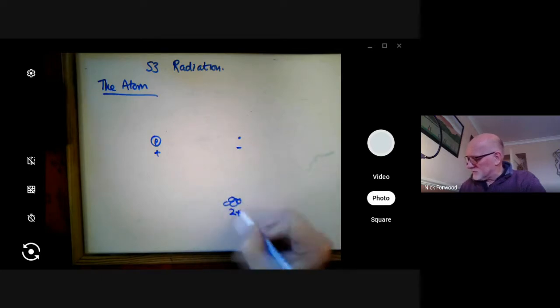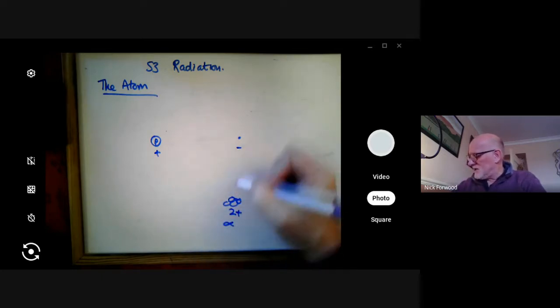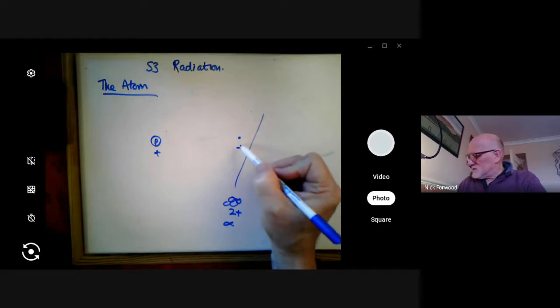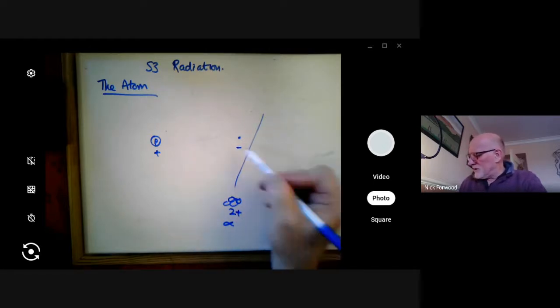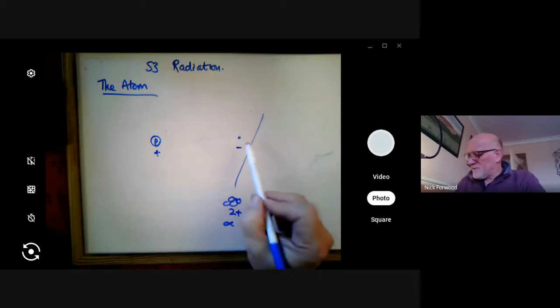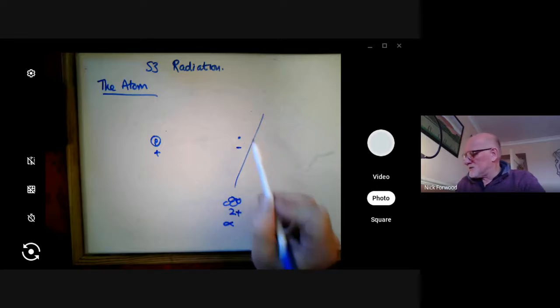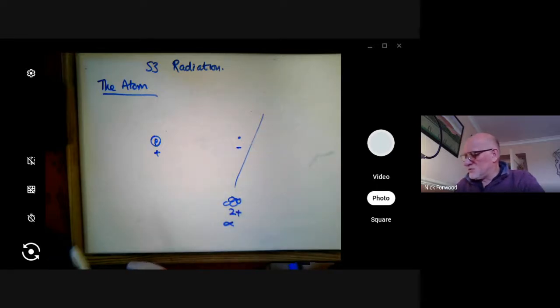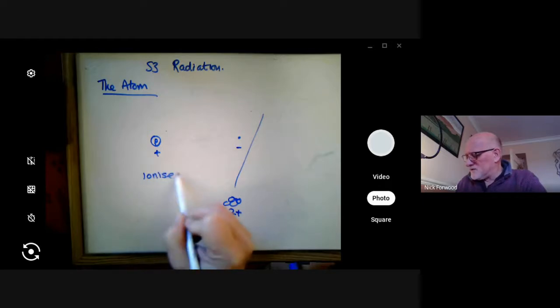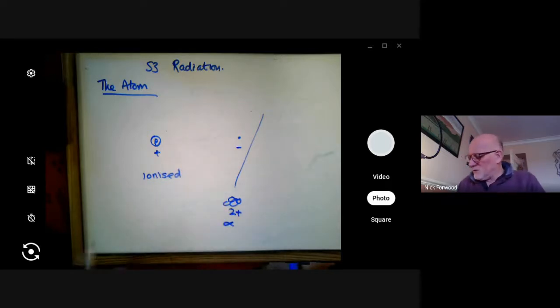My alpha particle comes whizzing past here, and it's got such a strong positive charge, it overpowers this single negative charge, 2 positives here and 1 negative charge, and it can pull out the electron from my normally neutral atom, and that neutral atom then has lost an electron and has become ionized.